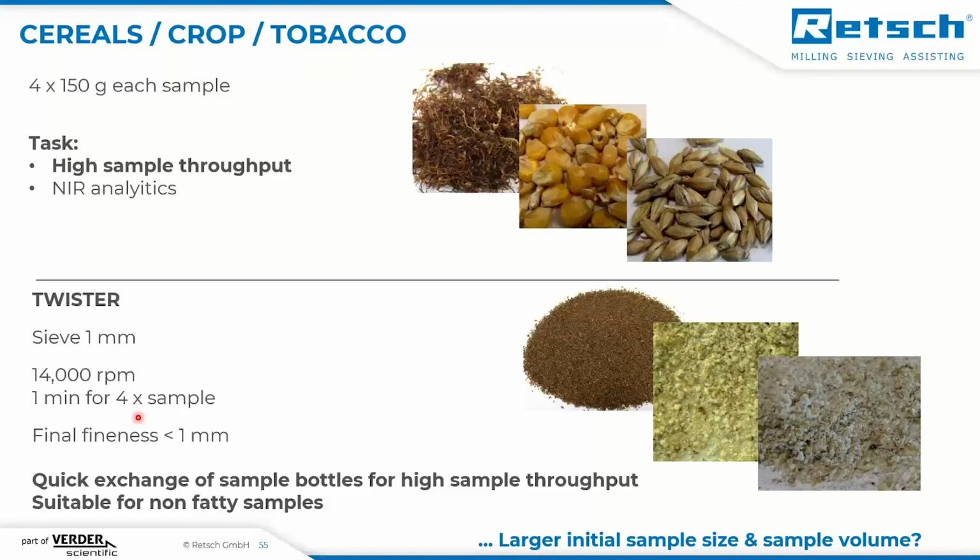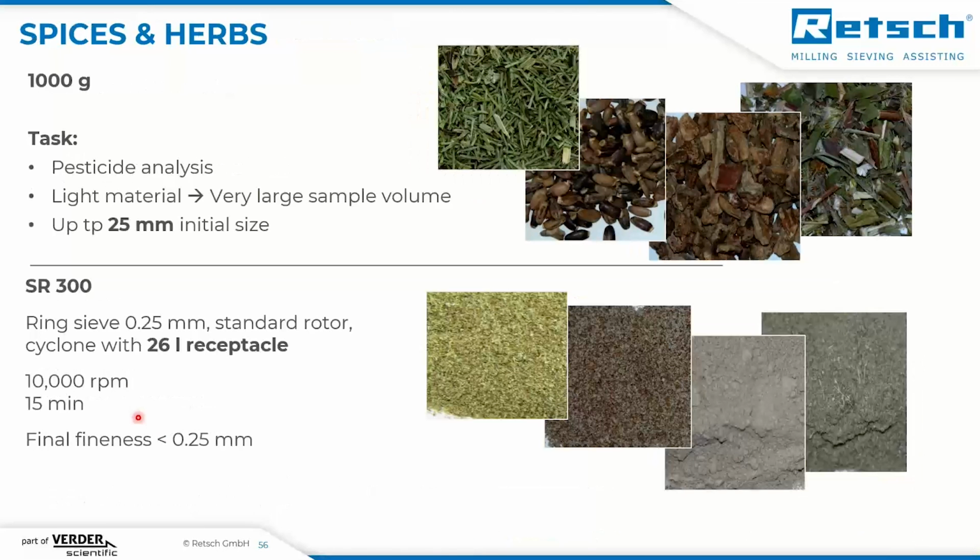If we have larger sample size and volumes, then it's time to change the mill again, and talk about the SR300, the larger sister of the ZM200. An example is here 1 kg of spices and herbs for pesticide analytics. It's a very light material, so they have a very large sample volume and up to 25 millimeter initial particle size here.